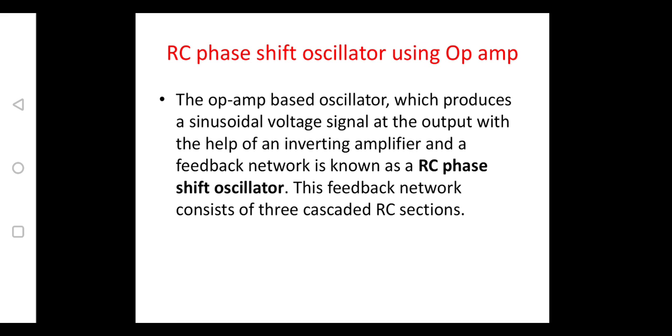There are different types of oscillators, and we can design these oscillators even without using an op-amp. If we design an oscillator without using an op-amp, the output will be oscillations.